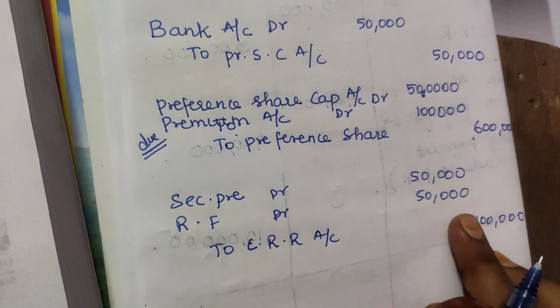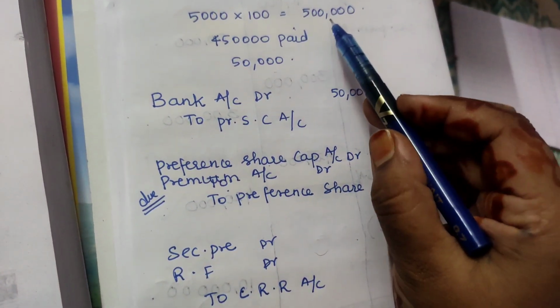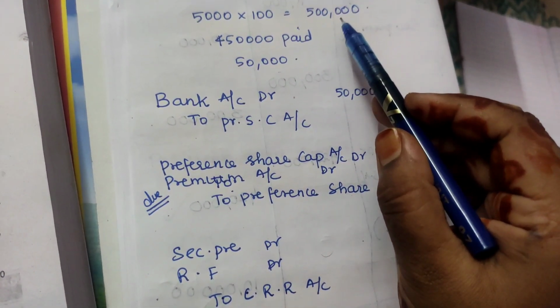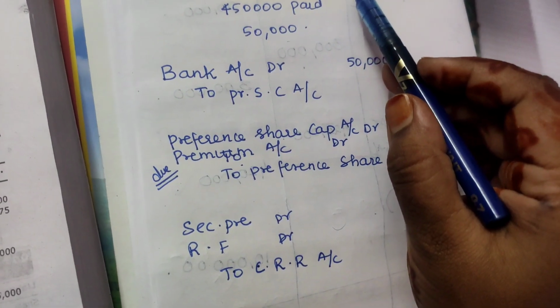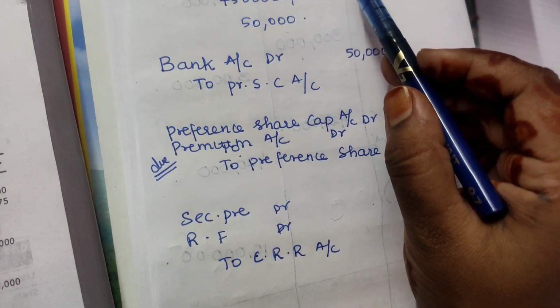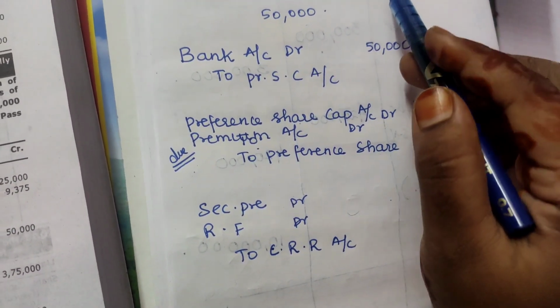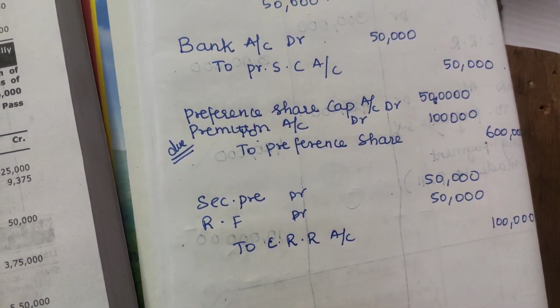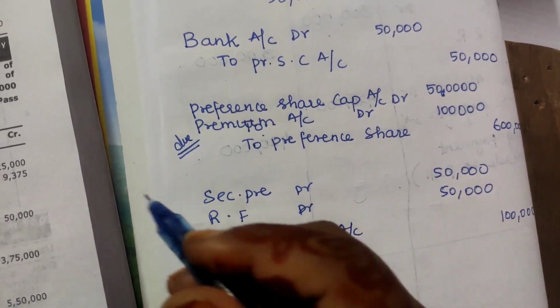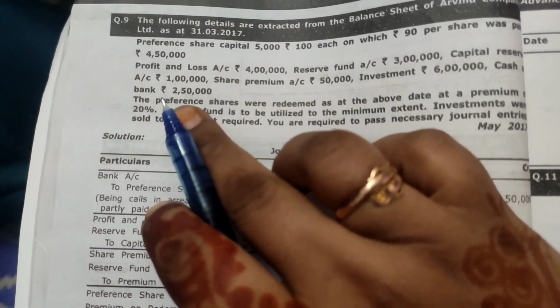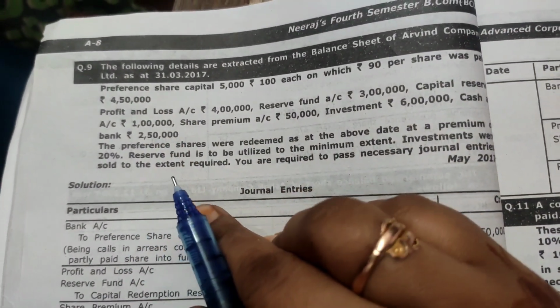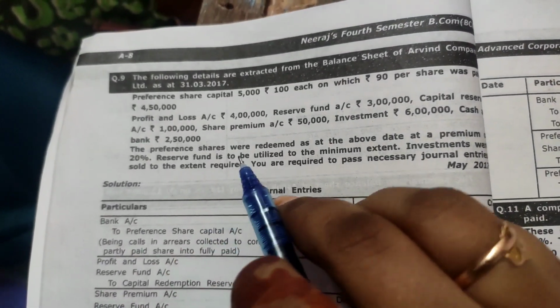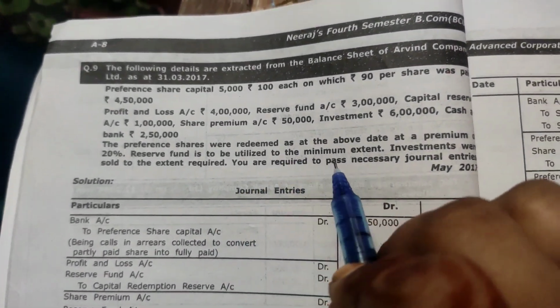Now we have to arrange for this much, 5 lakh. So how are we going to arrange 5 lakh? In bank it is already given 2,50,000. Reserve fund has to be utilized to the minimum extent.